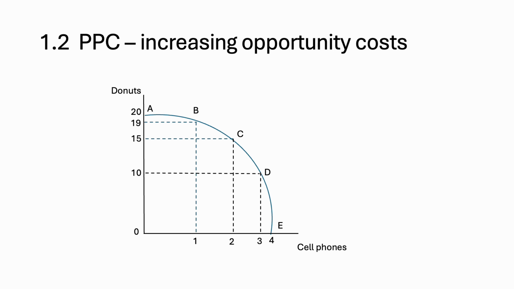But as we move to point C, we are then making 2 cell phones, but we have given up 4 donuts in order to make those 2 cell phones. And at point D, you're making 1 more cell phone, but you're giving up 5 more donuts. So as you're moving more towards making cell phones, you're giving up more and more donuts, which shows the law of increasing opportunity costs.